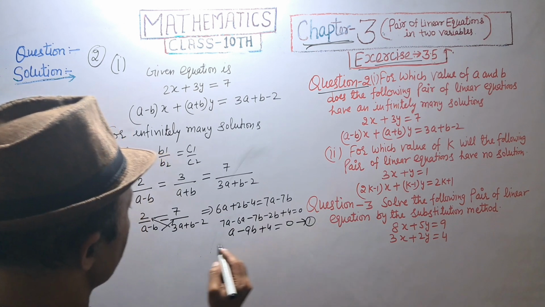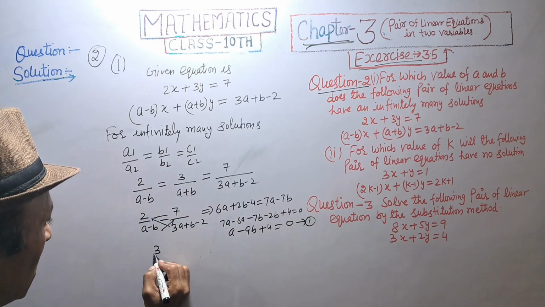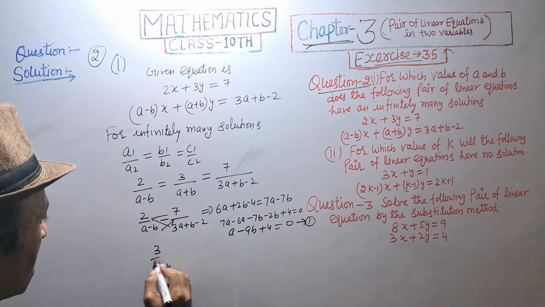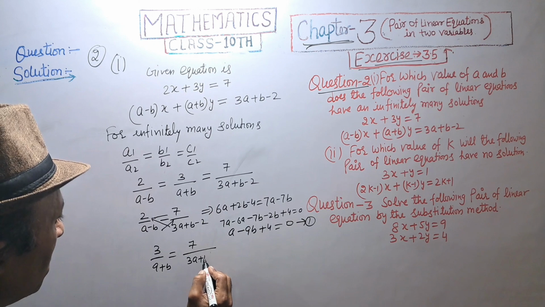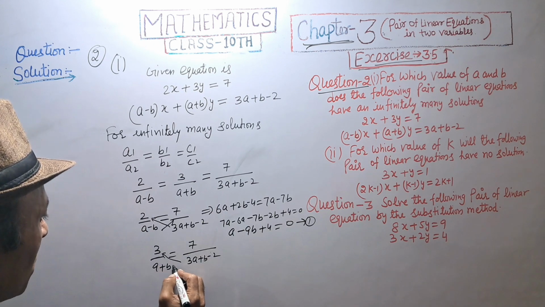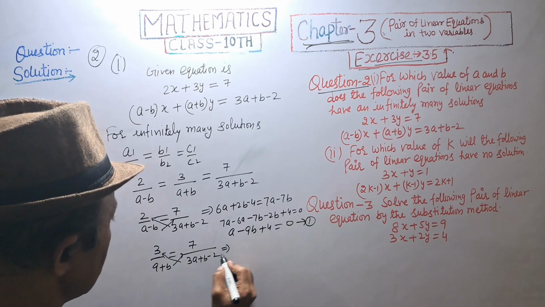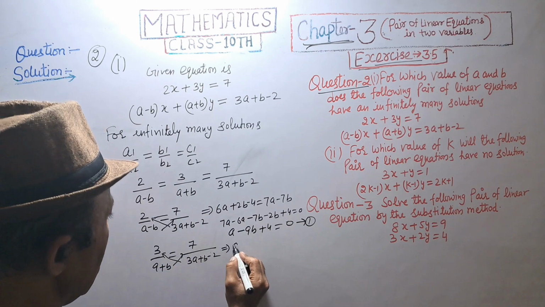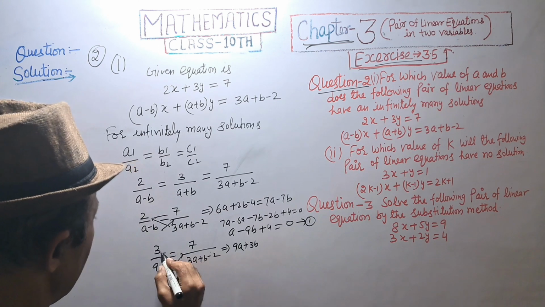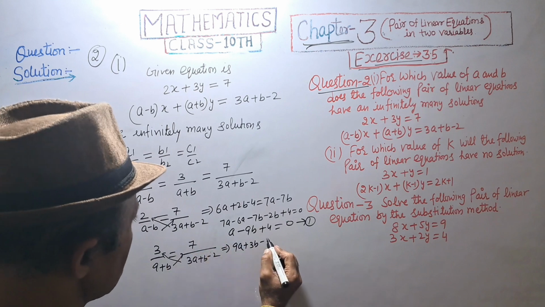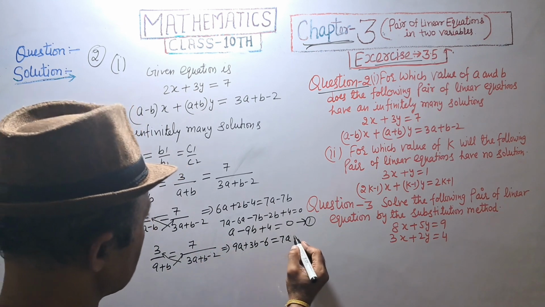It's equation first. And 3 upon a plus b is equal to 7 upon 3a plus b minus 2. Cross multiplying this implies 3 3s are 9a plus 3b minus 3 2s are 6 is equal to 7a plus 7b.